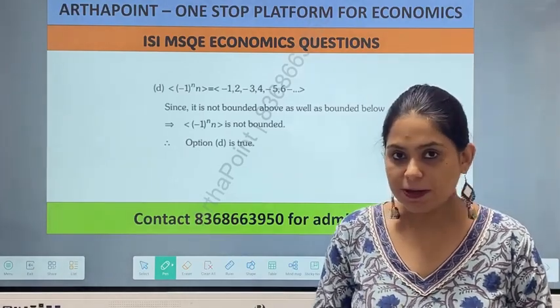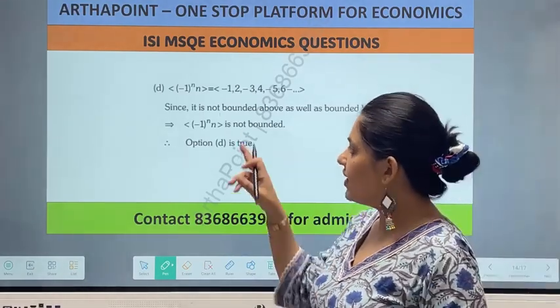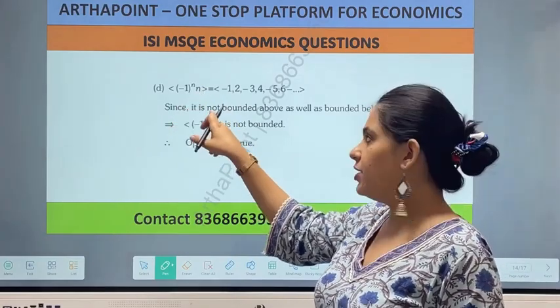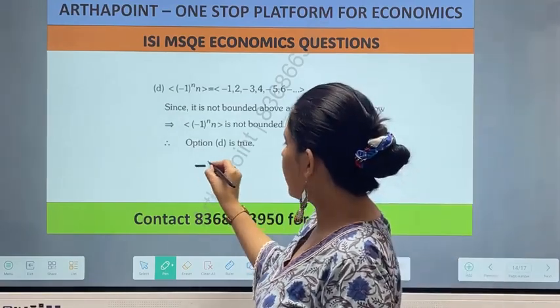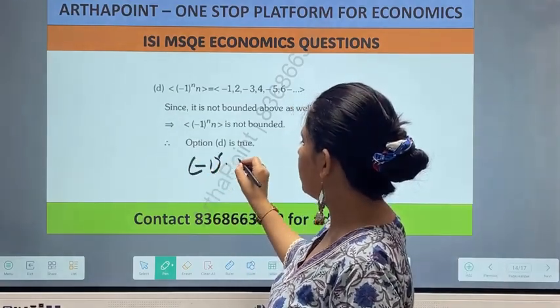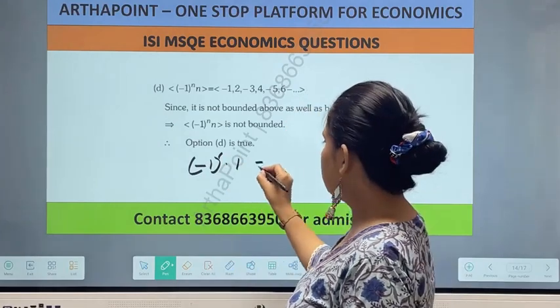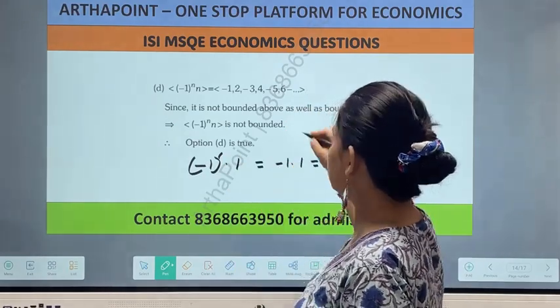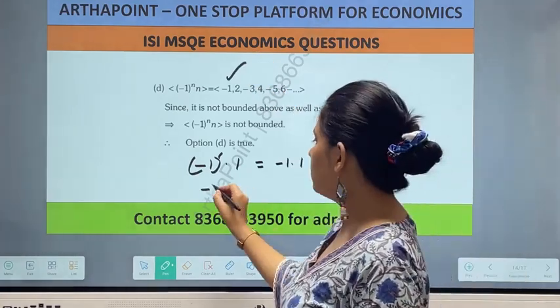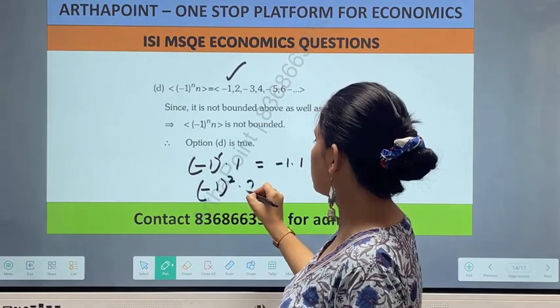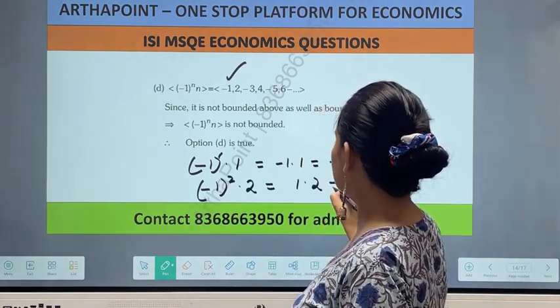What will you get? Minus 1 to the power 1 into 1, minus 1. That's the first element. Put n is equal to 2. Minus 1 to the power 2 into 2, so 2. Second element. Put n as 3. Minus 1 to the power 3 into 3, minus 3.